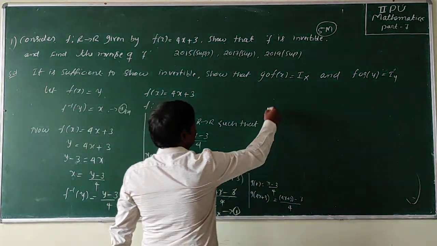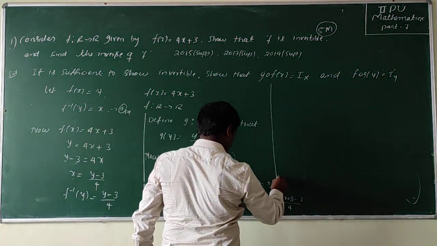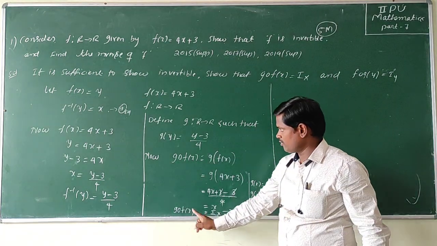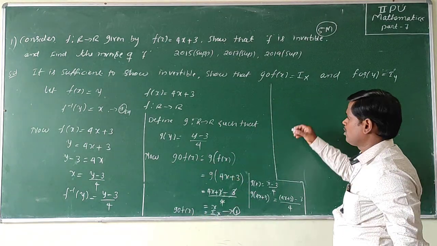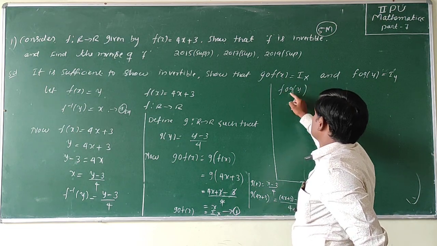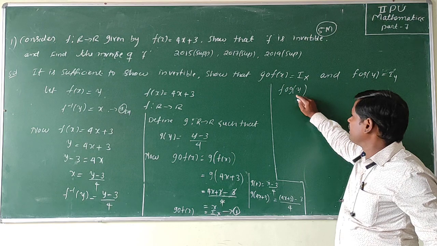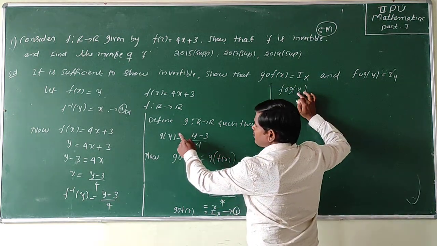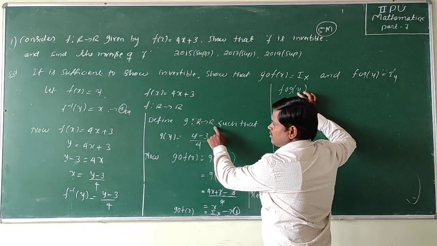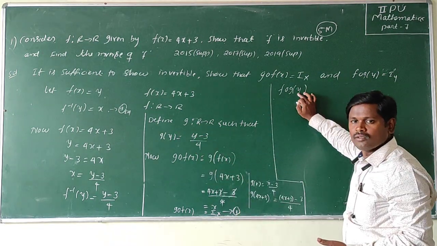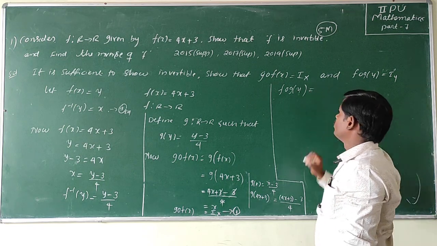Now g circle f of x is over. Now f circle g of y. Here g is mapping from R to R, so we take y as the element.